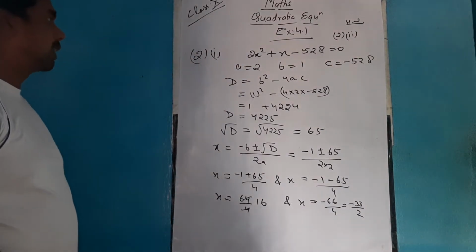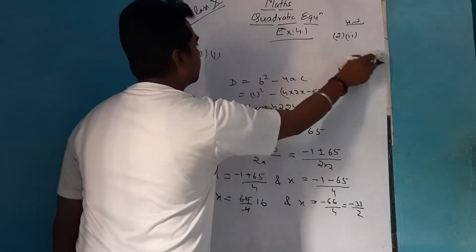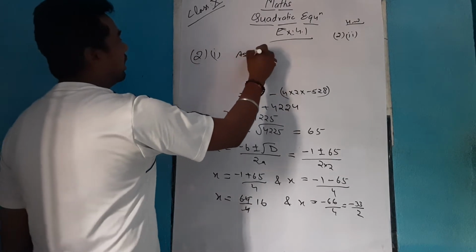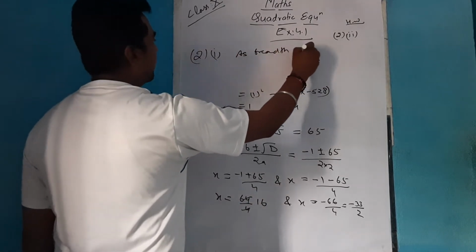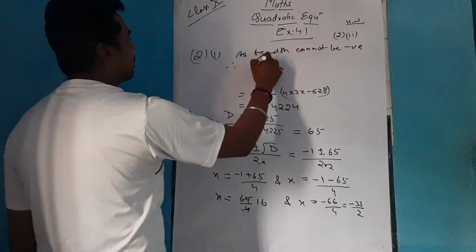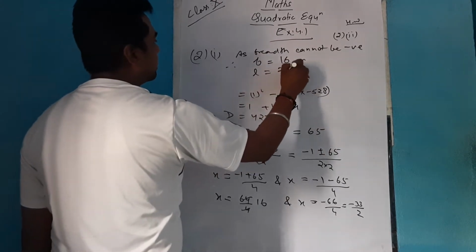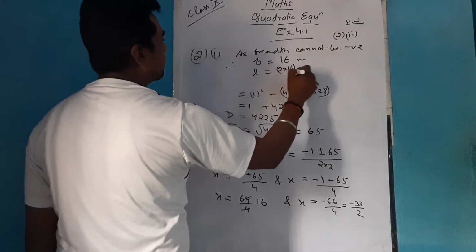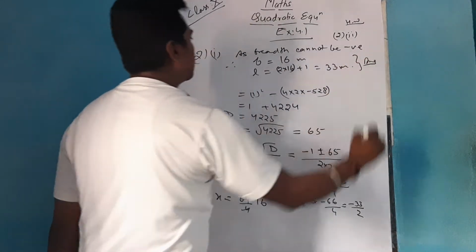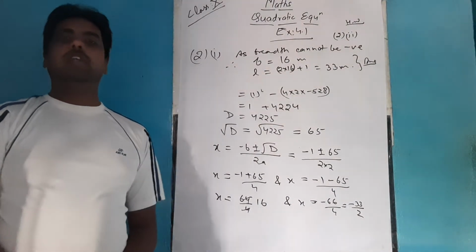As the value of breadth cannot be negative, breadth is 16 meters and length is 2 into 16 plus 1, that becomes 33 meters. So this is your answer: breadth is 16 and the length is 33.